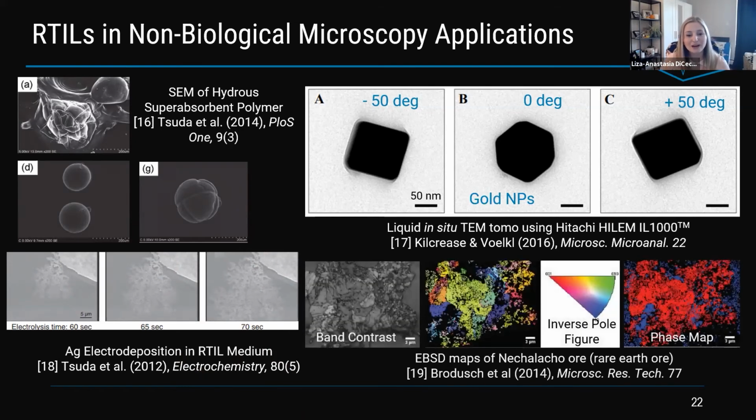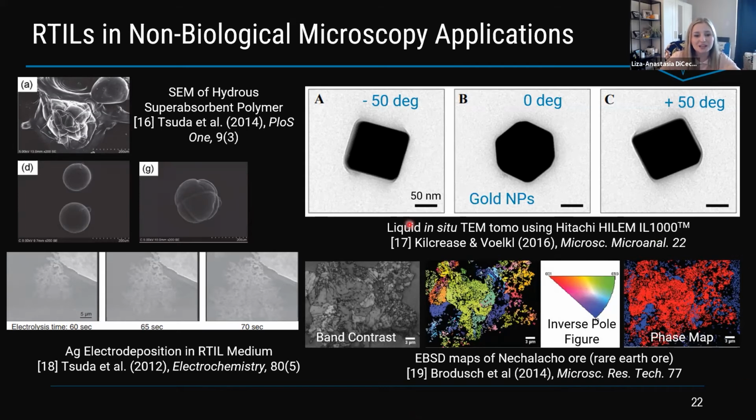One last paper I found, which was really cool, is from fellow Canadians. This is Raynald Gauvin's work from McGill. He's a frequent speaker at the CCM, so when I found this paper of his, I thought, oh, that's so neat. He has a really nice paper where they're looking at a rare earth ore, and they have wonderful SEM images in there.